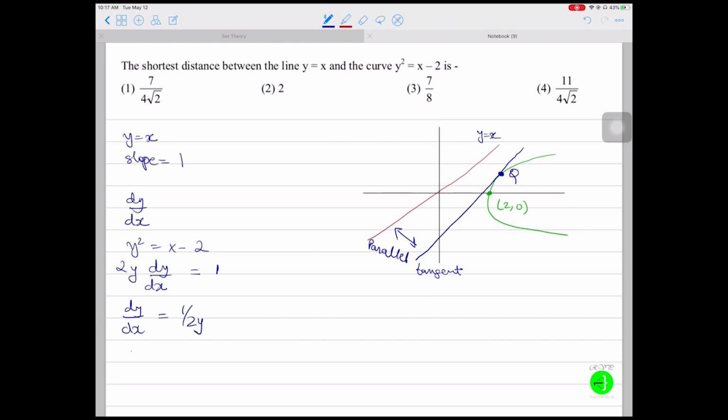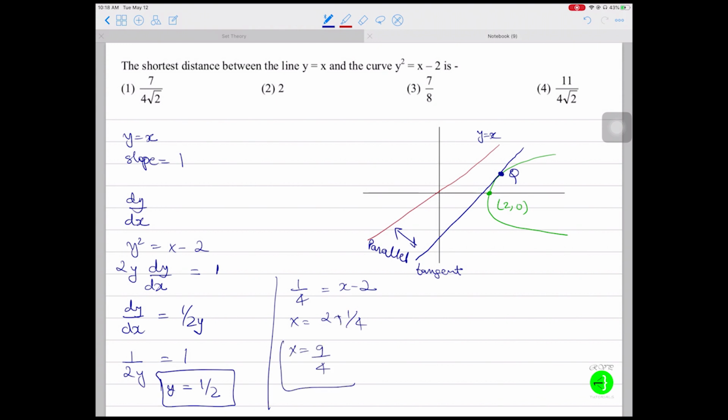So 1 over 2y equals 1, which means y equals half. Let's plug this into the equation of the curve. So we have 1 by 4 equals x minus 2. x is 2 plus 1 over 4. So x is 9 over 4. So the point Q that we have is (9 over 4, 1 half).